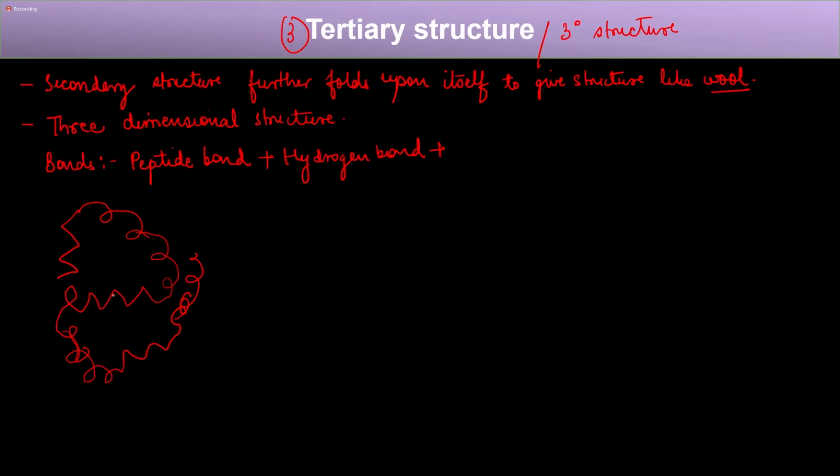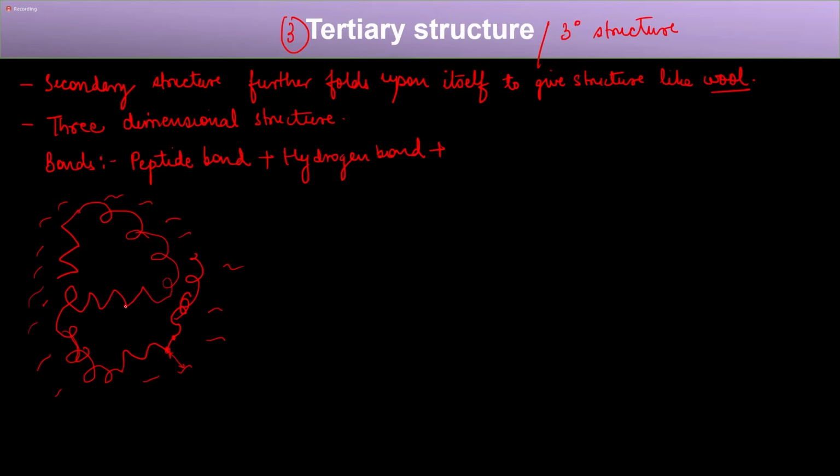Now, this protein, where it is present in our body, will have aqueous media, or say water, surrounding it. In the cell also it will have water around it. Suppose one amino acid is present here. This amino acid will interact with the water and with the neighboring amino acids.